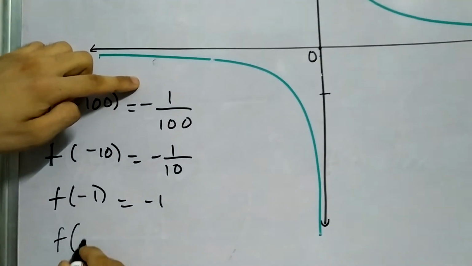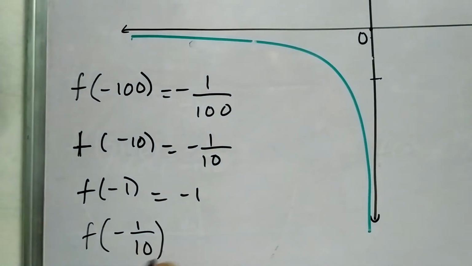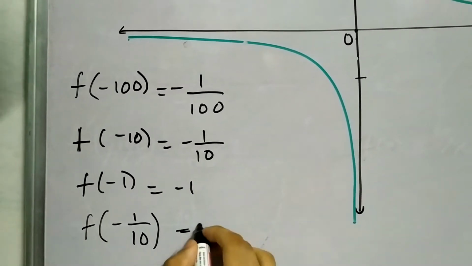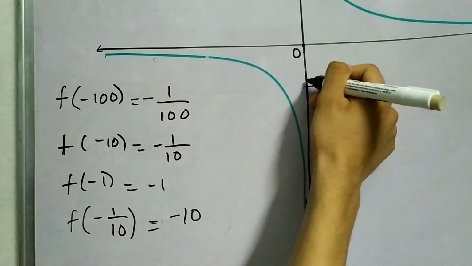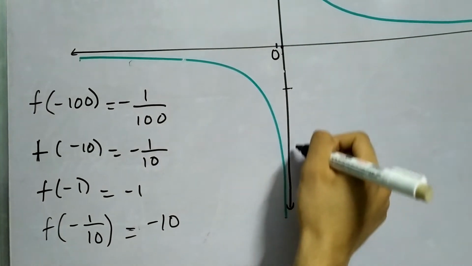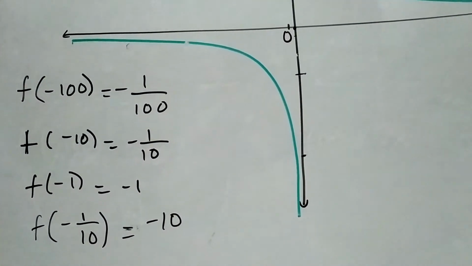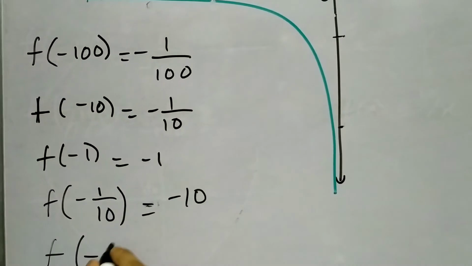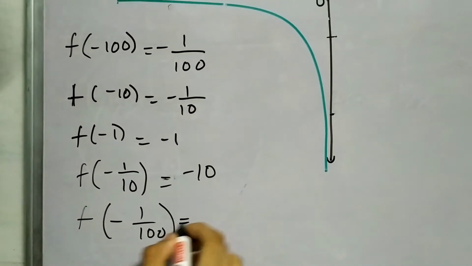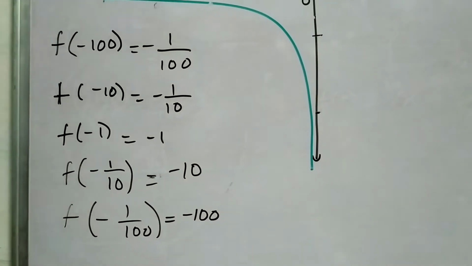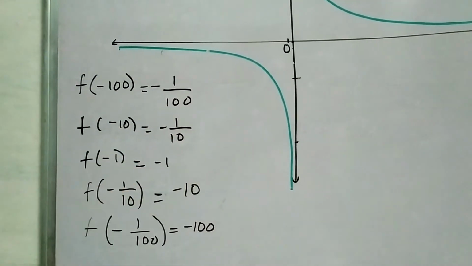And if you put f of 1 by 10, then you will get 10. So as you are approaching 0, the value is becoming increasingly negative, and if you put in minus 1 upon 100, it will give you minus 100. So the values are becoming more and more negative.